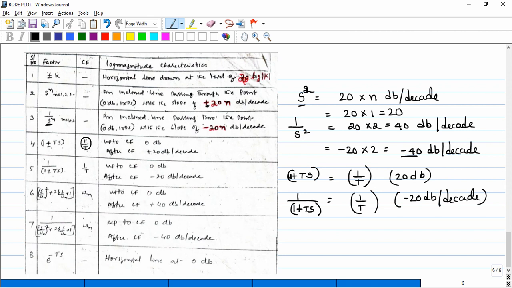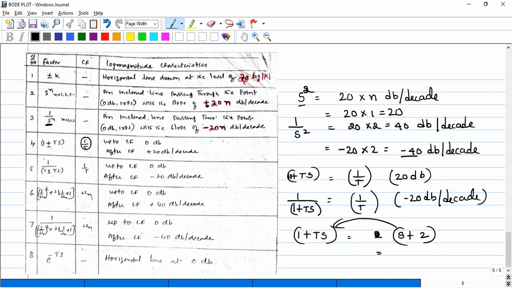And please make a note of this. All the factors have to be in standard form. For example, 1 plus ts is a standard form. Sometimes I may get a factor such as s plus 2. Is it a standard form? No. You need to convert this into a standard form.